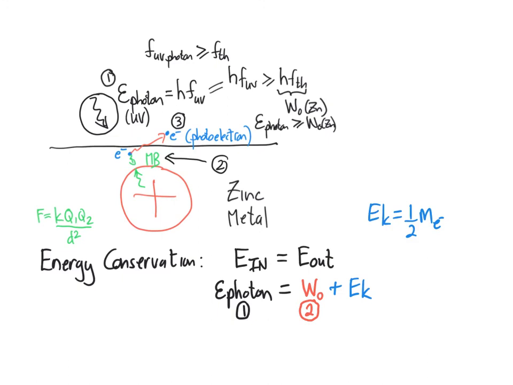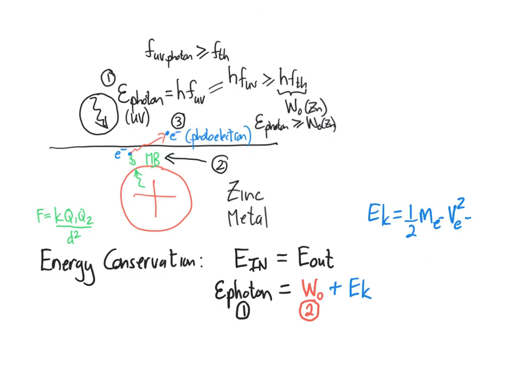It's extremely small, but it is known and we can use it, times the velocity squared of the electron. Now, electrons cannot be seen, so the way we determine the electron's velocity is experimentally, and the way that we do it is by applying that retarding potential that I showed in the simulation.